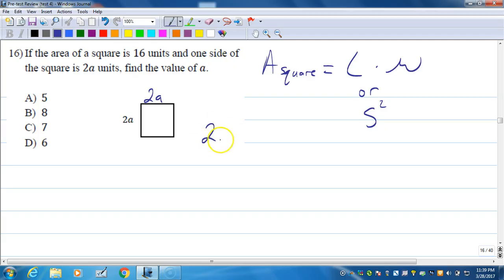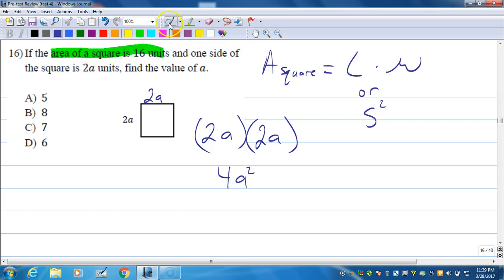So I have 2a times another 2a. 2 times 2 is 4. A times a is a squared. Right. It says the area is 16 units. Since we're going to multiply these, we put equal to 16, because that's the area. So we solve for a. Divide by 4, divide by 4.